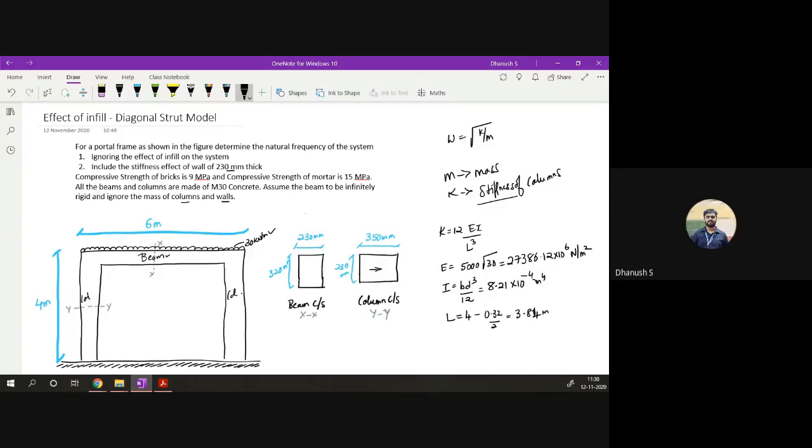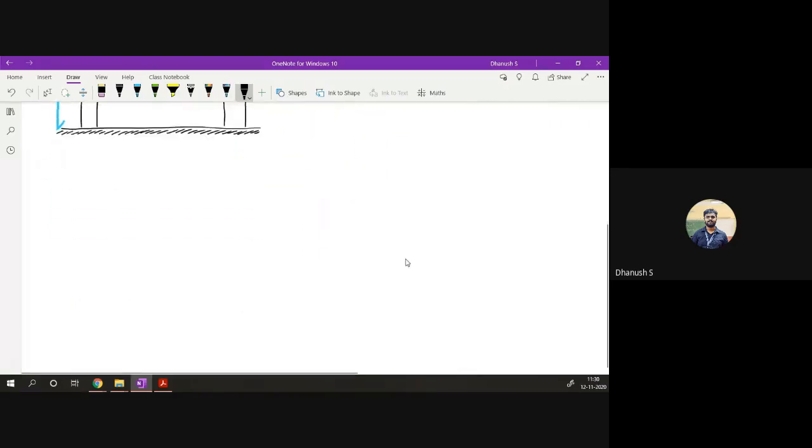Next, what do we do to find the frequency? Effective stiffness.